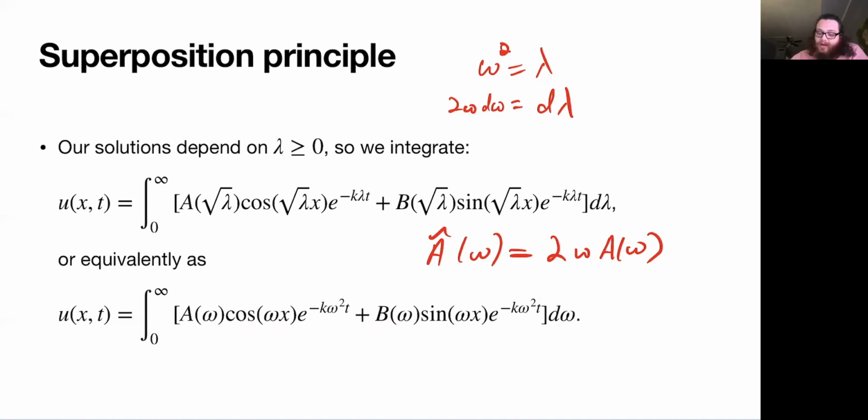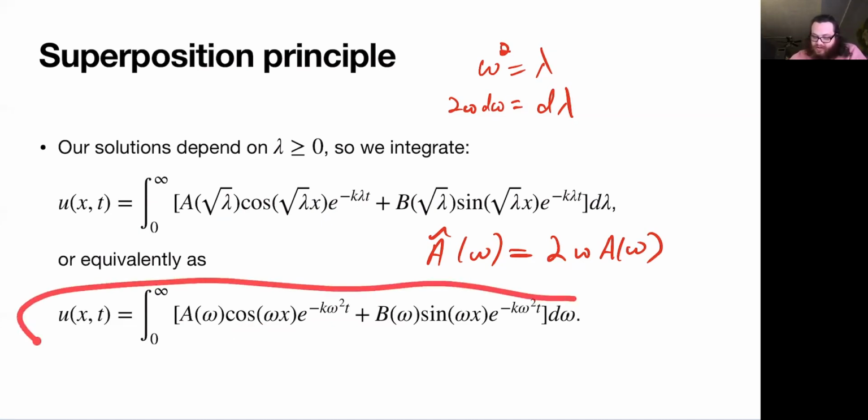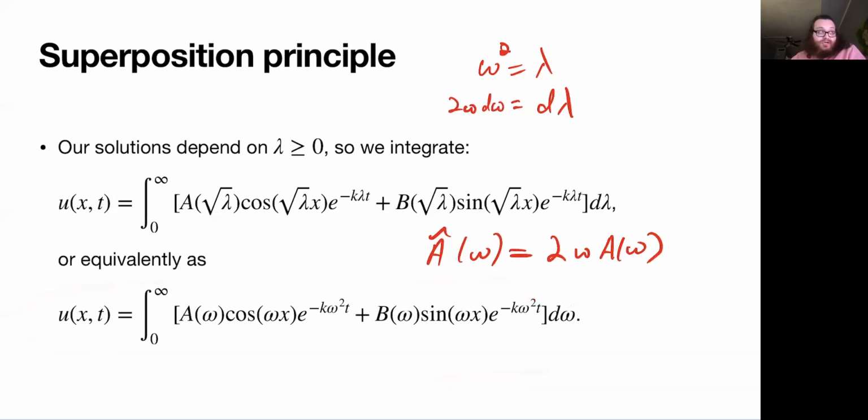But anyways, okay. So for superposition and solving the heat equation, this is going to be our general solution. This is going to be the superposition of some coefficient times our cosine term times our time piece plus some sine coefficient times a sine term times our time piece.